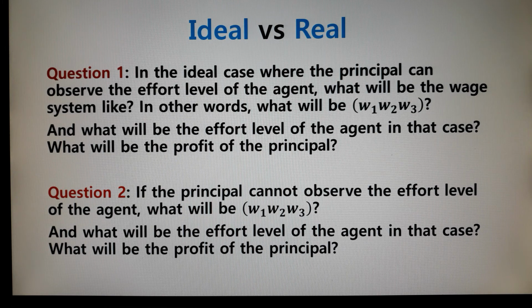So the wage system comes first. The wage system is decided by the principal. The principal decides the wage first. Then the agent decides, based on the wage, whether to work hard or not. If the president of Yonsei University said, if you have more than 100 students in your class, we are going to pay you double, triple, something like that, then I would get so many students, not 350, maybe 3,500, because I'm going to be so rich.